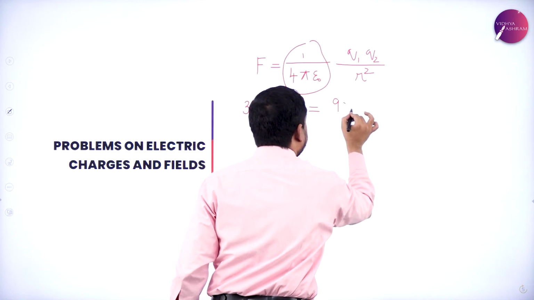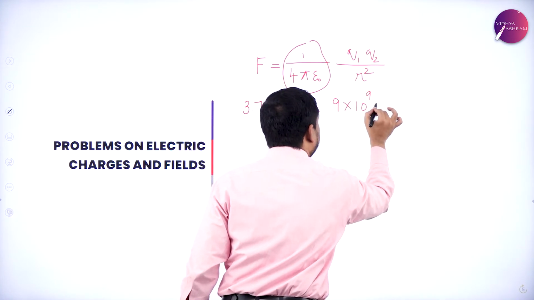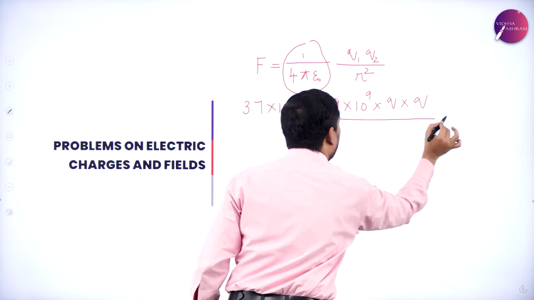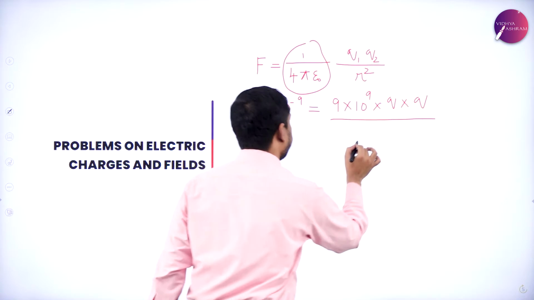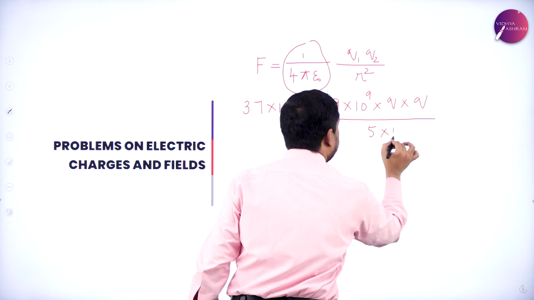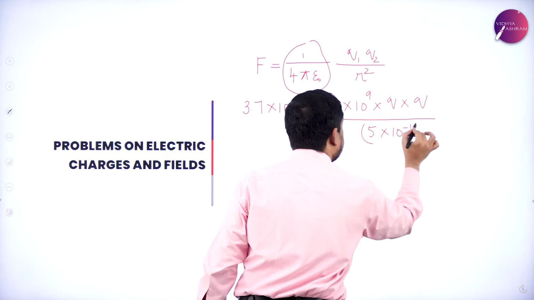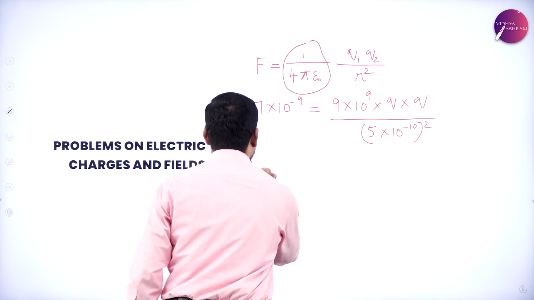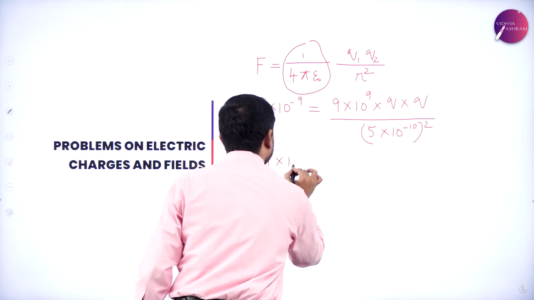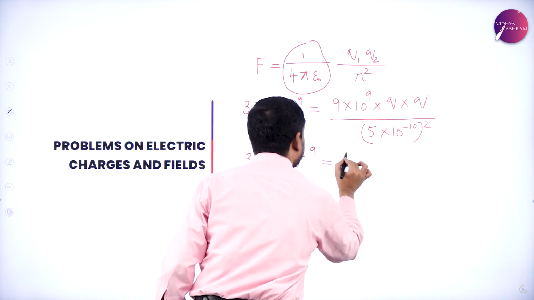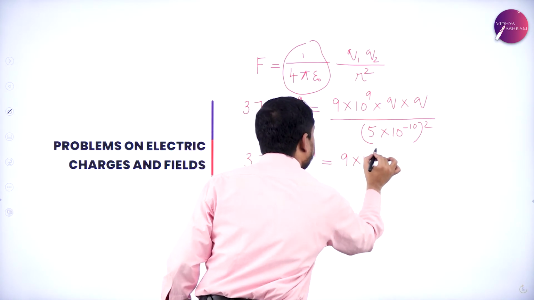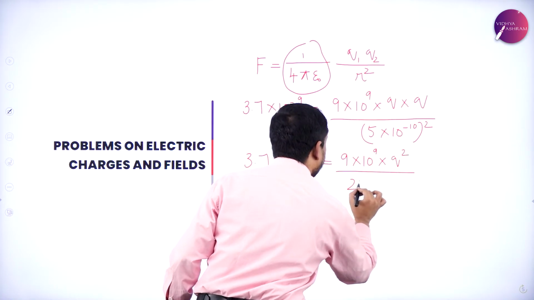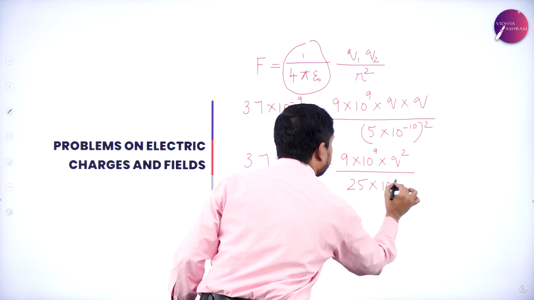Again 9 into 10 power 9. Q1 is Q, Q2 is Q, distance of separation 5 into 10 power minus 10 whole square, or 3.7 into 10 power minus 9 equals 9 into 10 power 9 into Q square divided by 25.